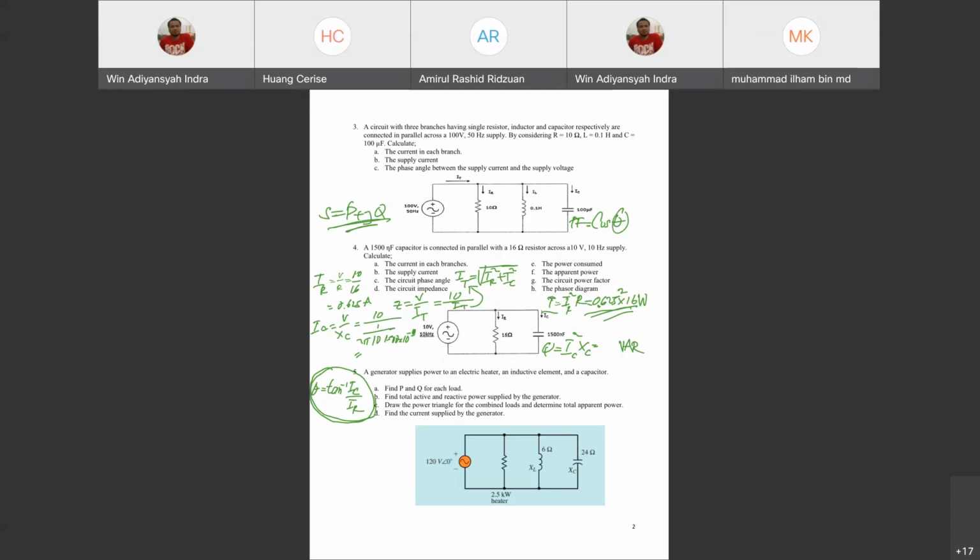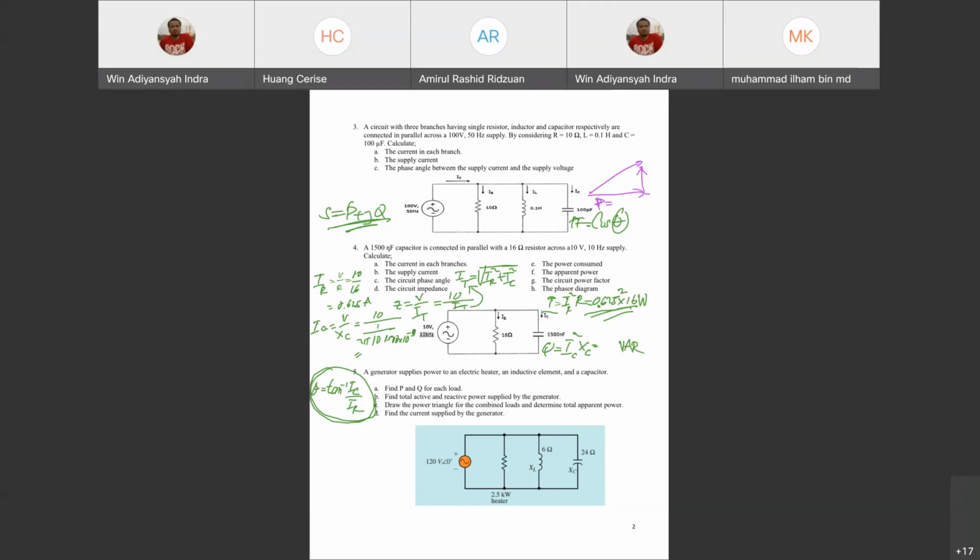Okay, last one is the phasor diagram. So you have to draw them. The horizontal one, the pure resistive, is P. You put the value there.